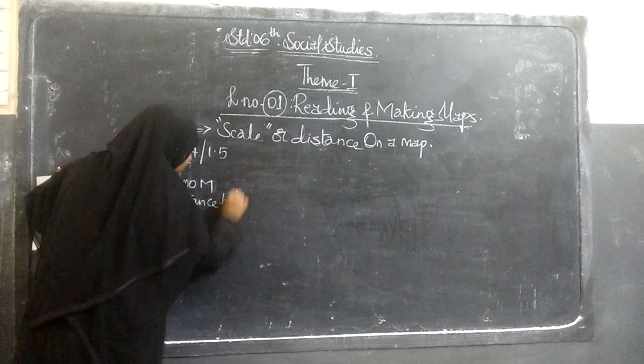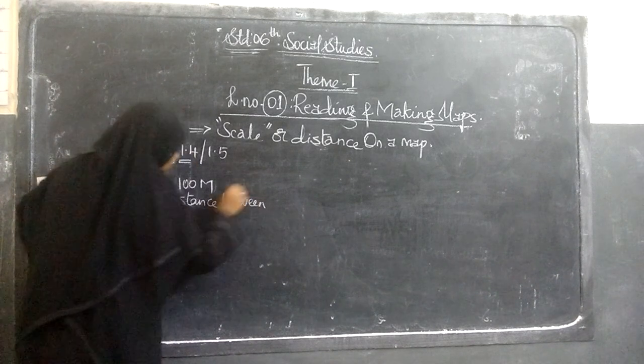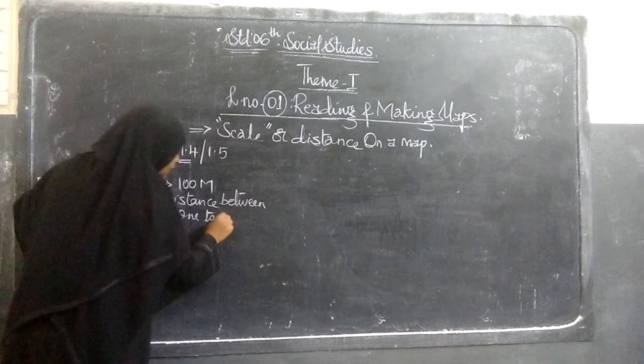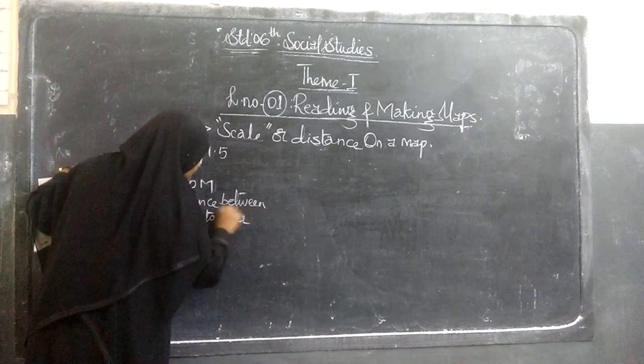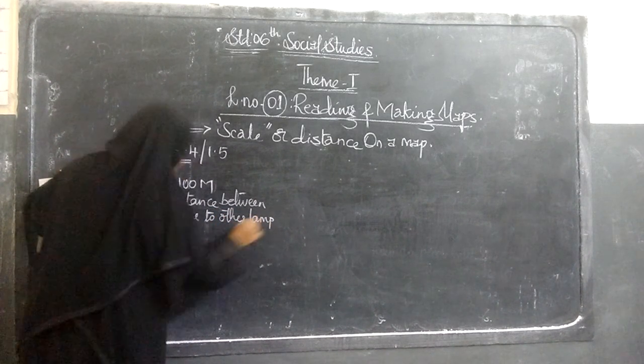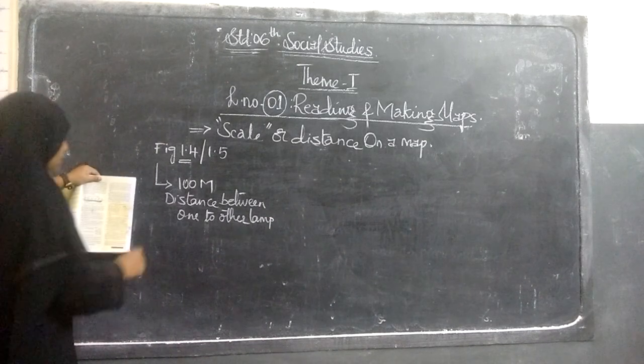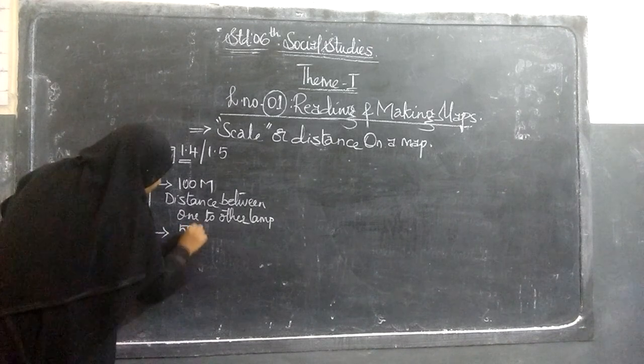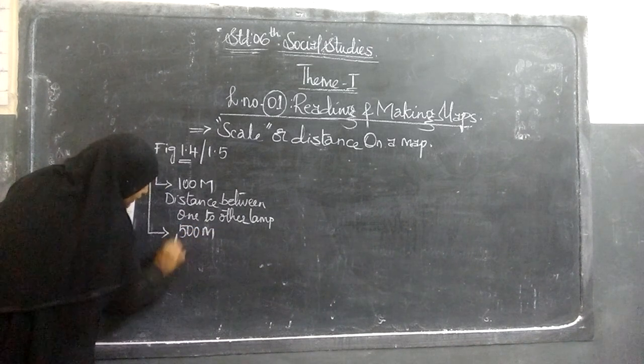Distance between one lamp to the other lamp. Then next, in this figure, 500 meters. This is the length of the bridge.